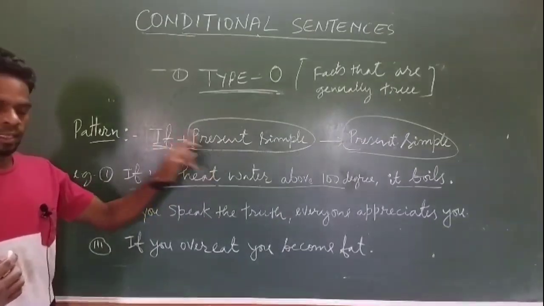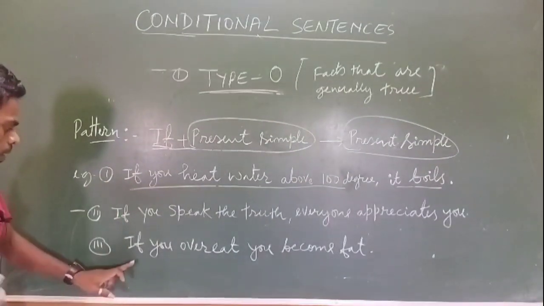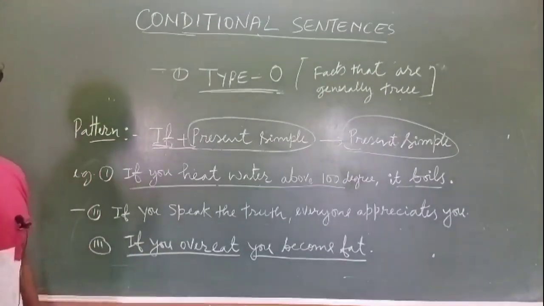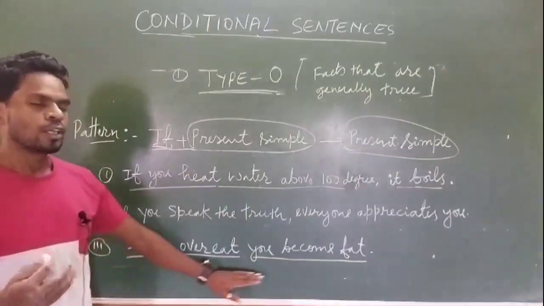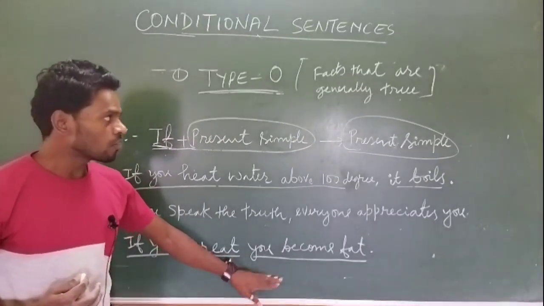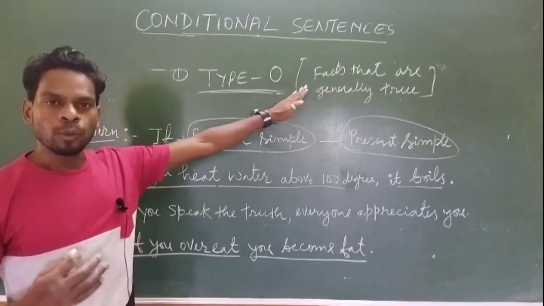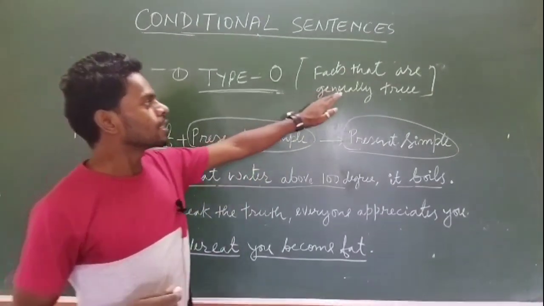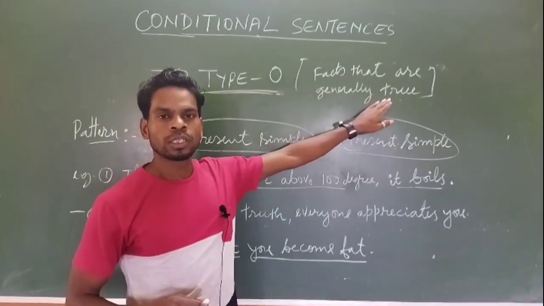Next example, if you overeat. So if you eat so much, then you become overweight or you become fat. So this is a fact that if you eat so much, then you will become fat. And it is a generally accepted truth. It happens.